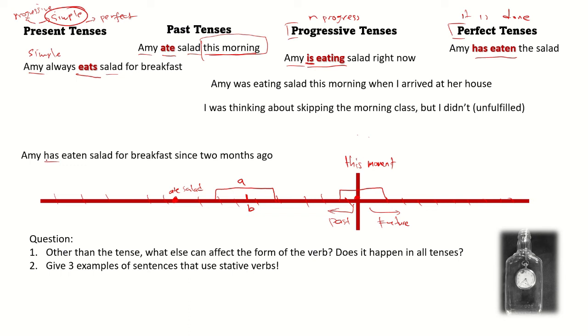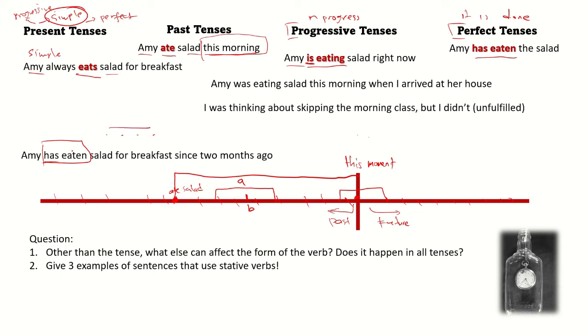It means that up until this moment, this event is still happening. Okay, but we are not talking about the progress here. We talk about an event not as a progress, right? Like a dot, not like a line. Okay, so Amy has eaten salad for breakfast since 2 months ago.